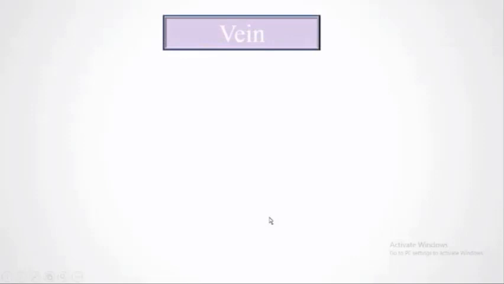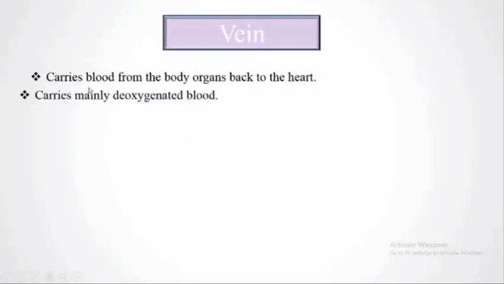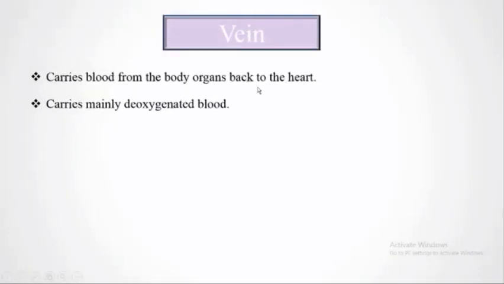What about veins? According to your knowledge, you can say that veins carry blood back to the heart. So some people say that the veins are specific for the deoxygenated blood. However, it's not the case, because if we also remember the two types of veins connected to the heart, we have the vena cava, the two vena cava.